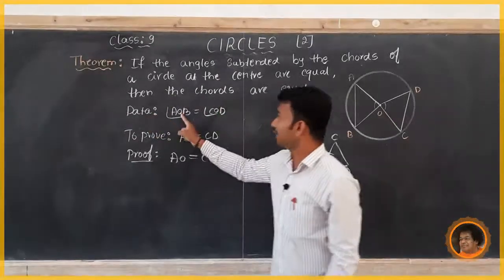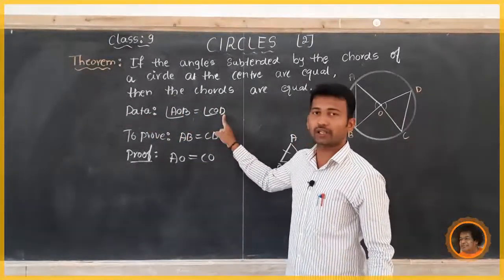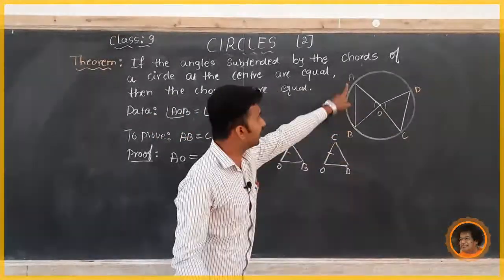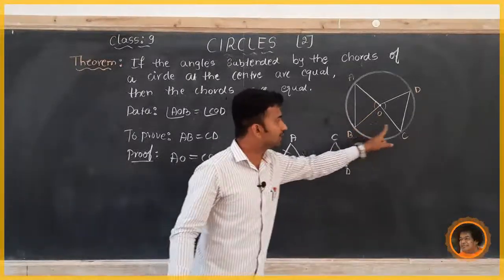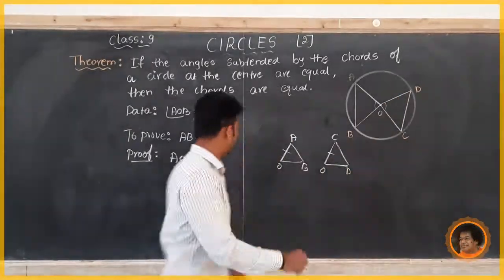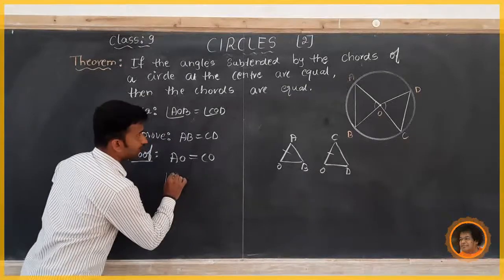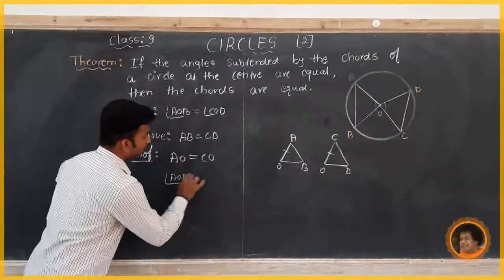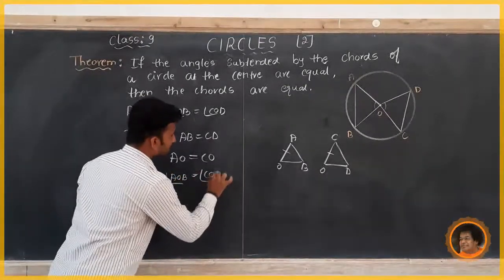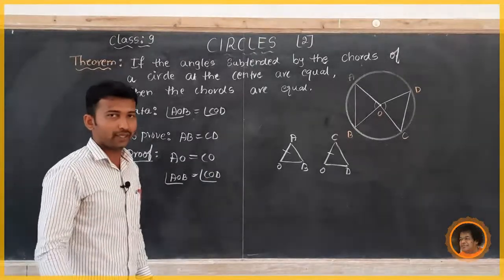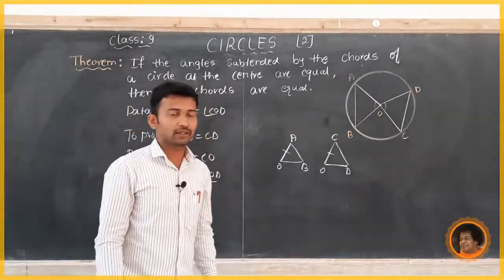The angle is given. Angle AOB is equal to angle COD. This is the second element: angle AOB equals angle COD.